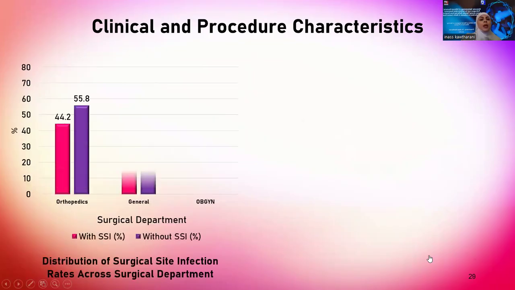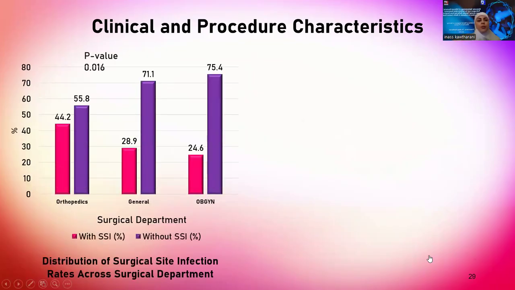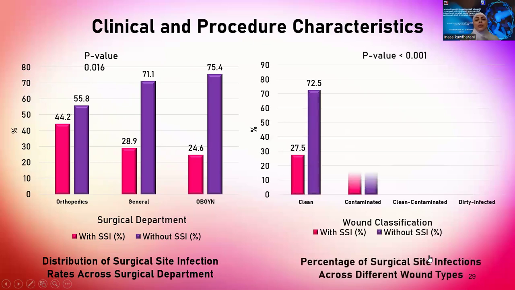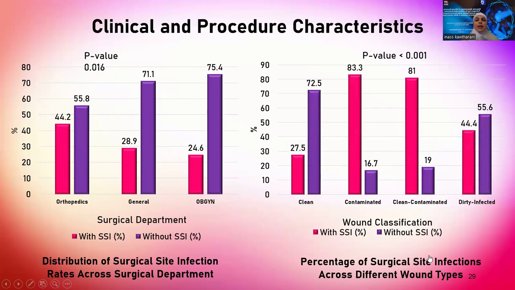And regarding the surgical department, we showed that orthopedic surgery showed the highest surgical site infection rate, followed by general surgery and obstetrics and gynecology, with a significant association. And wound classification showed that contaminated and clean-contaminated wounds reported a rate of surgical site infection above 80% with a significant association.